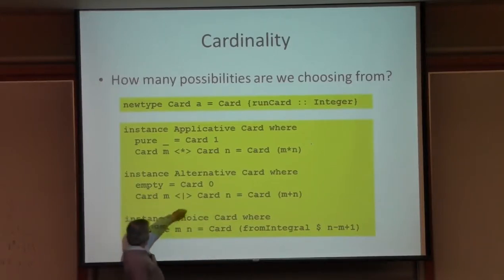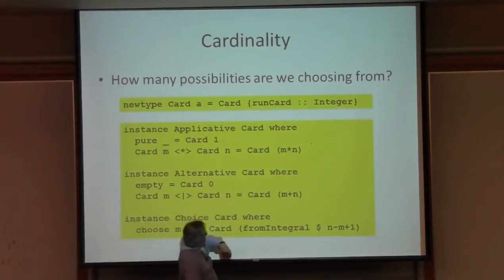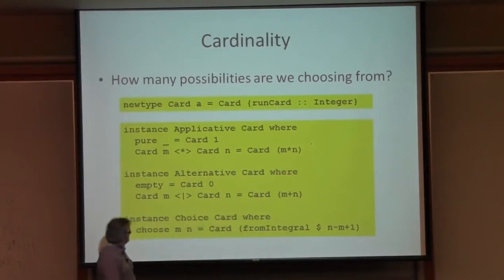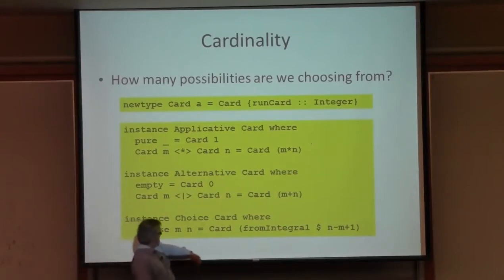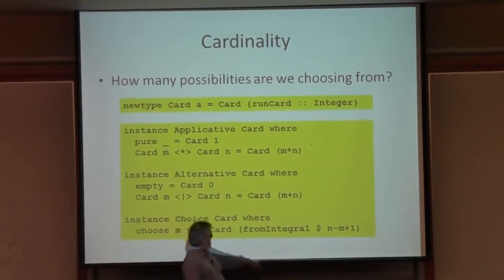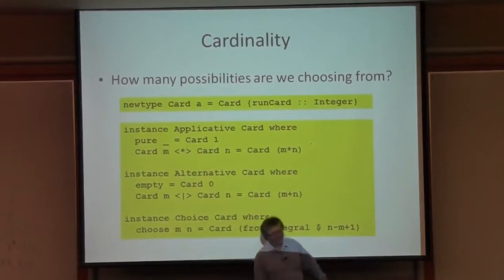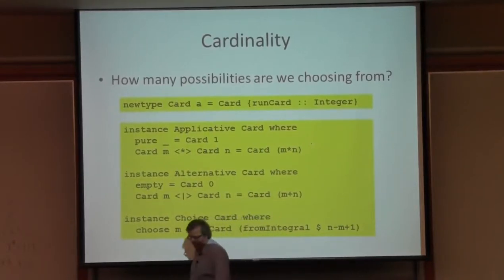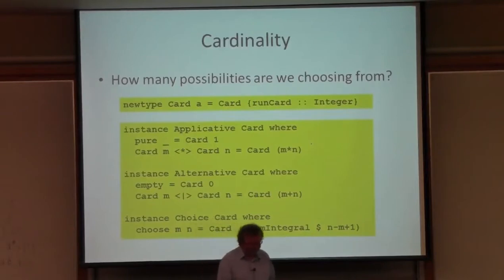And choice, if I've got a choice between m things on one hand and n things on the other, then I've got m plus n choices in total. And then finally, for my choice class, I can just say, choose m n generates from a set with cardinality n minus m plus 1. And I need a coercion in there as well. So that's very nice and simple, isn't it?